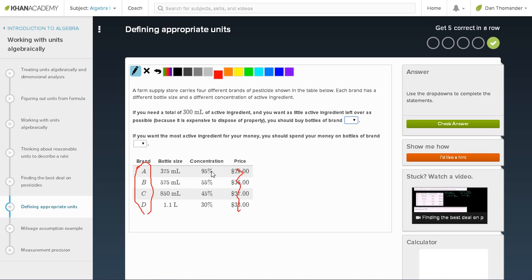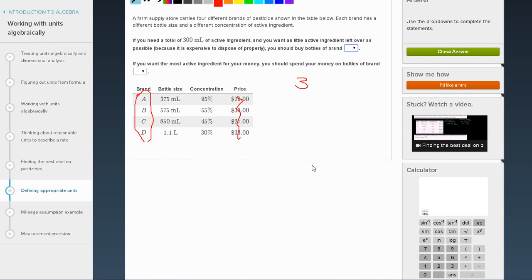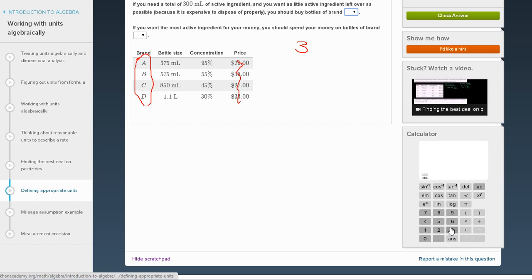Let me run down here to this calculator. Let's say I took 375 times 0.95. Now, why am I doing that? Well, 0.95, that's 95%. So 95% of the bottle is what we consider to be active ingredient.